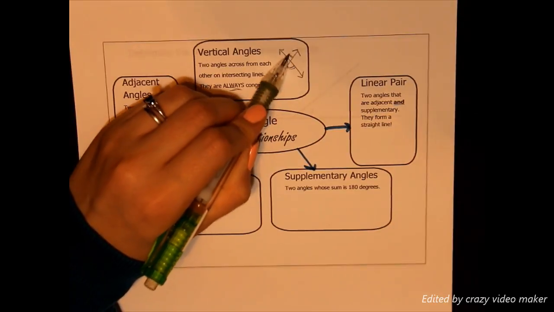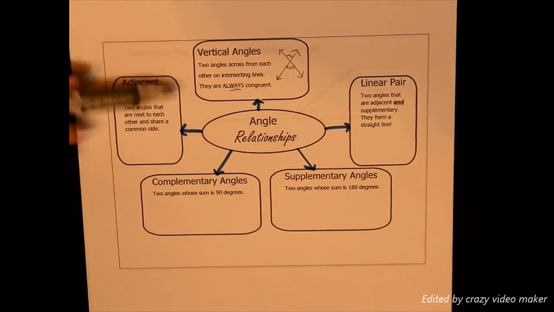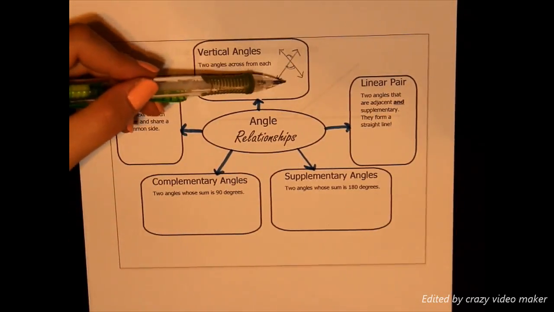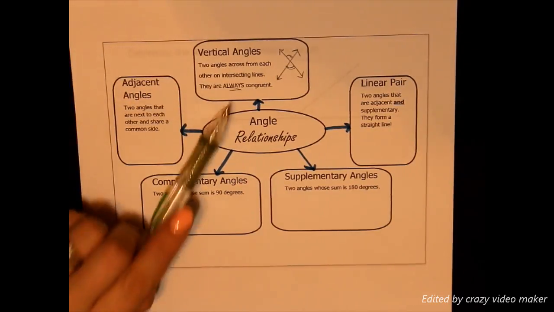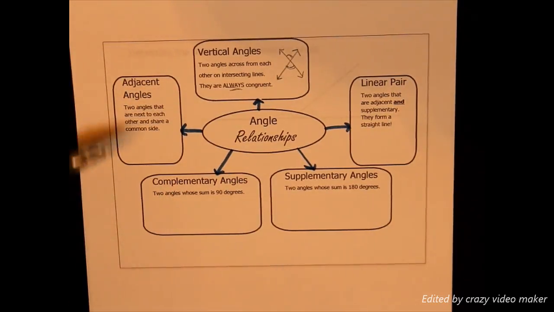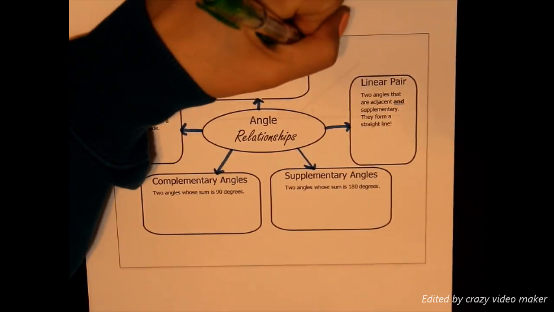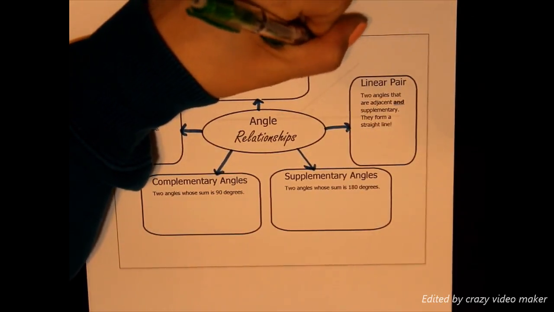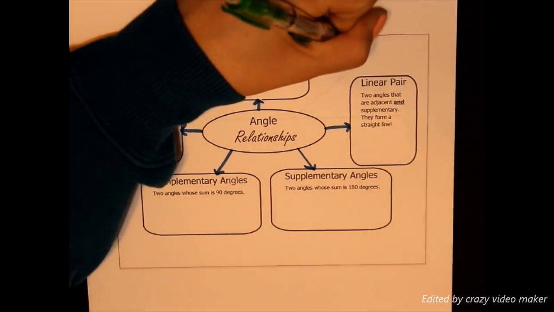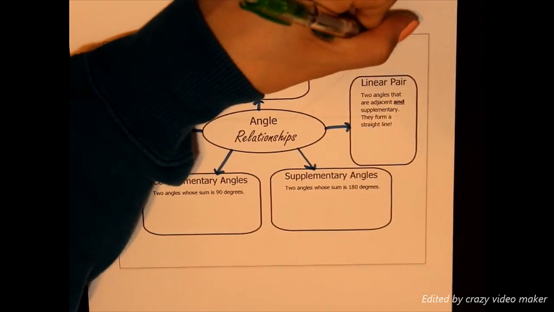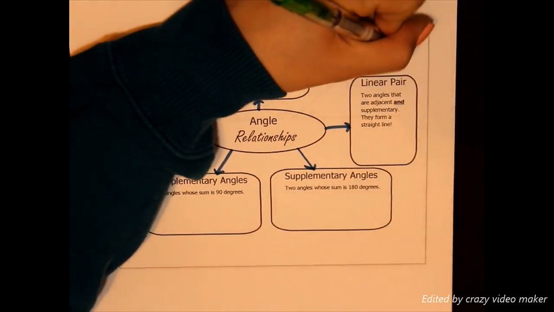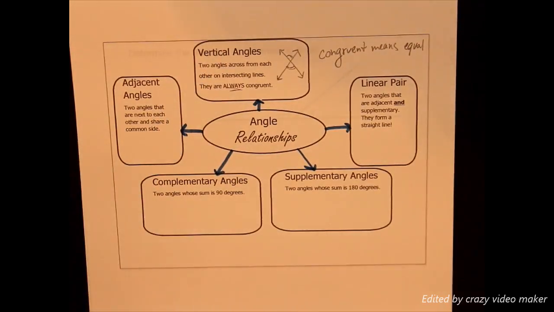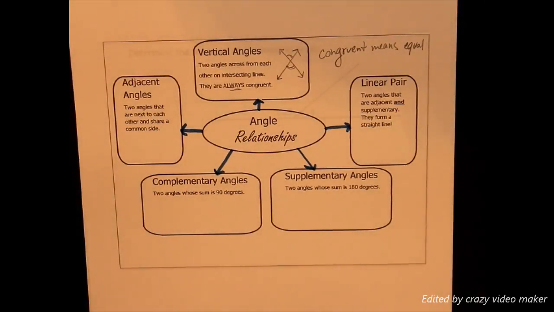So those 2 angles are called vertical angles because they are across from each other on these intersecting lines. And congruent means that they have the same measure. So write that down too. Congruent means equal. Okay, so congruent means equal. You need that as well.